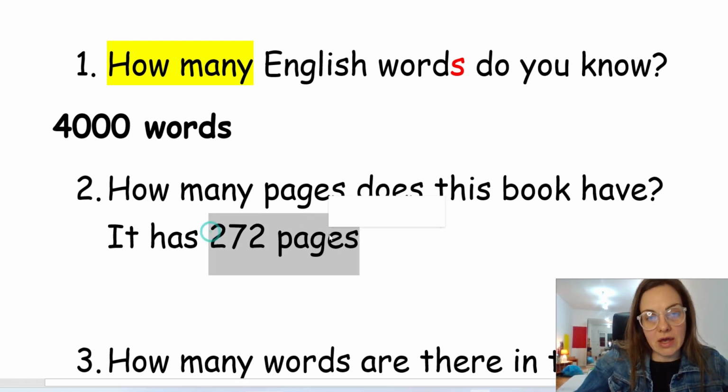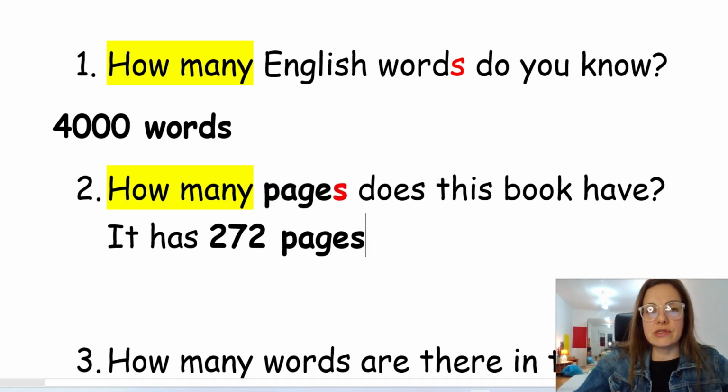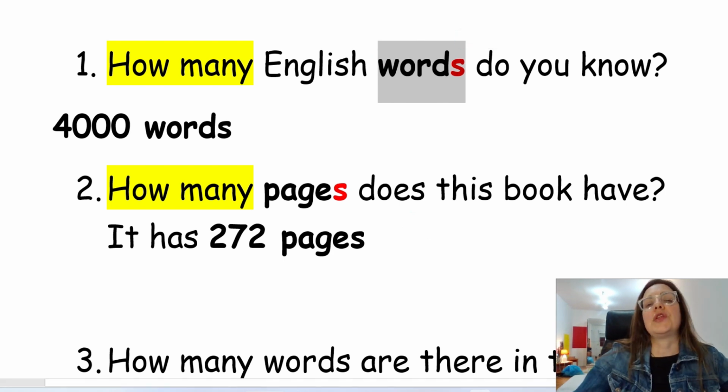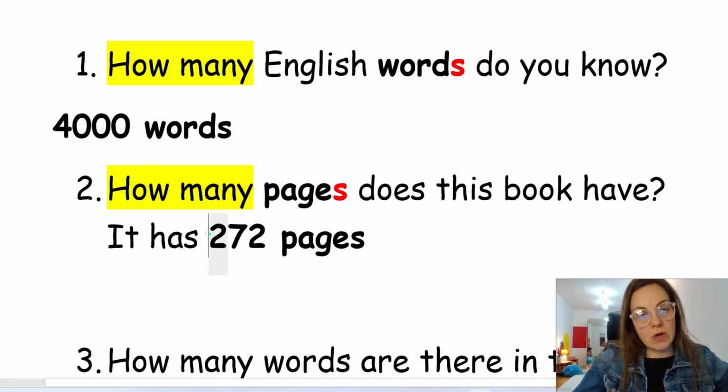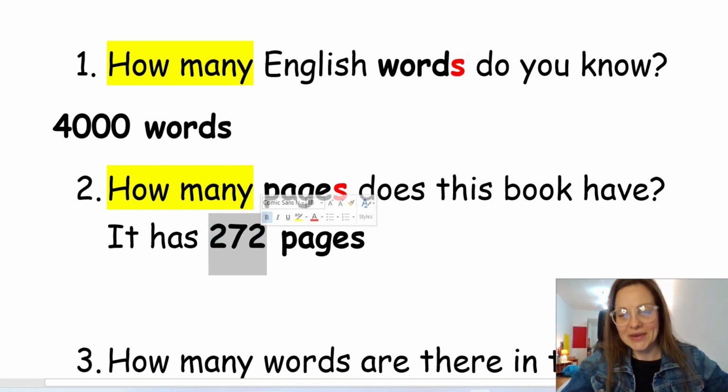So again, we have a number, 272 pages. How many plus a countable noun, and that is page, in this case plural, pages. So how many words? 4,000. How many pages? 272.